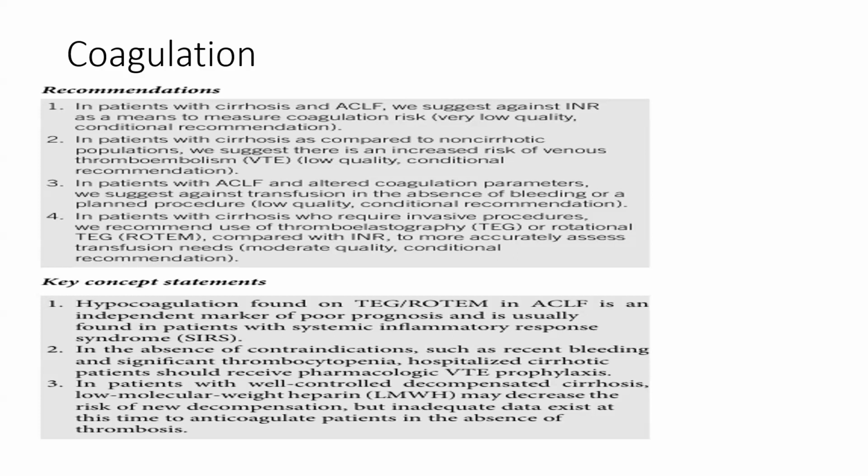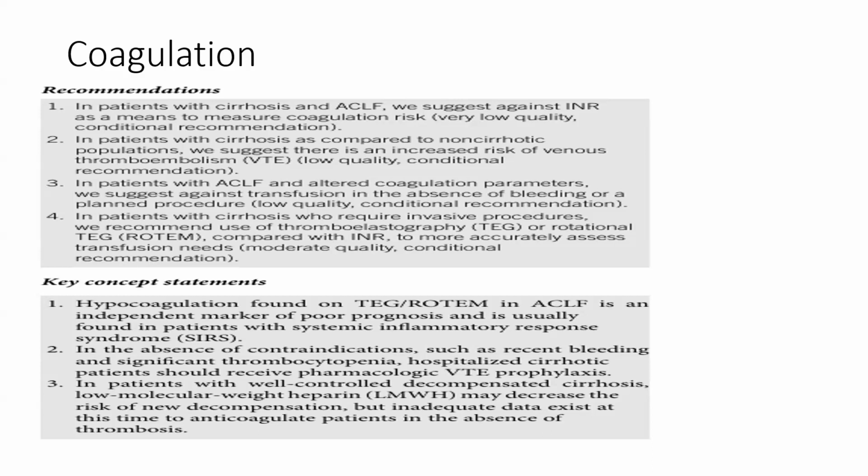In patients with cirrhosis who require an invasive procedure, we recommend use of thromboelastography or rotational thromboelastography compared with INR to more accurately assess the transfusion needs. Hypocoagulation found on the TEG and rotational TEG in ACLF is an independent marker of poor prognosis and is usually found in patients with the surge response.